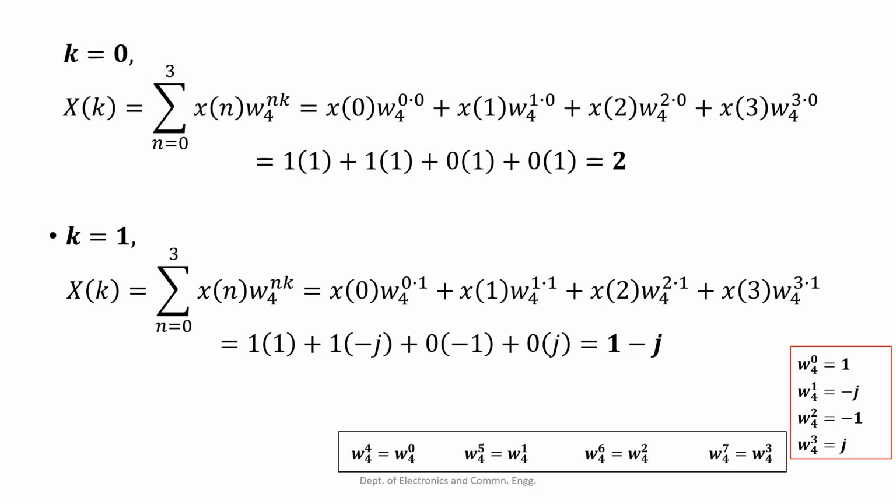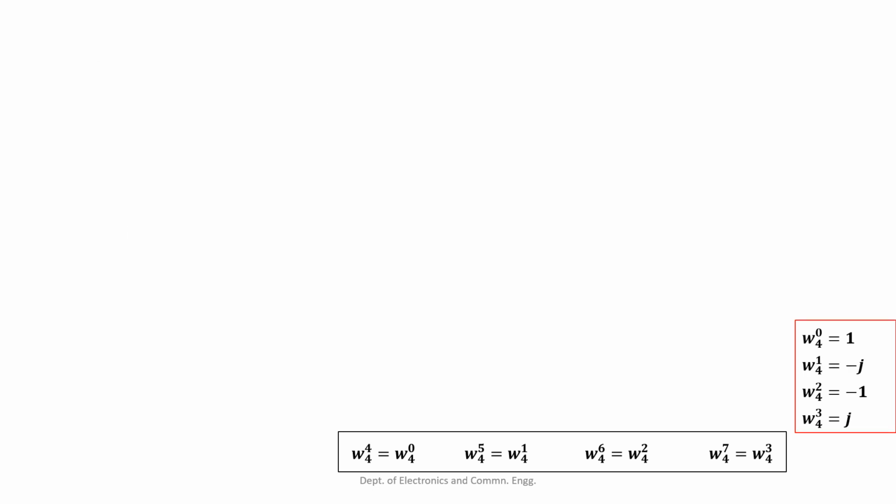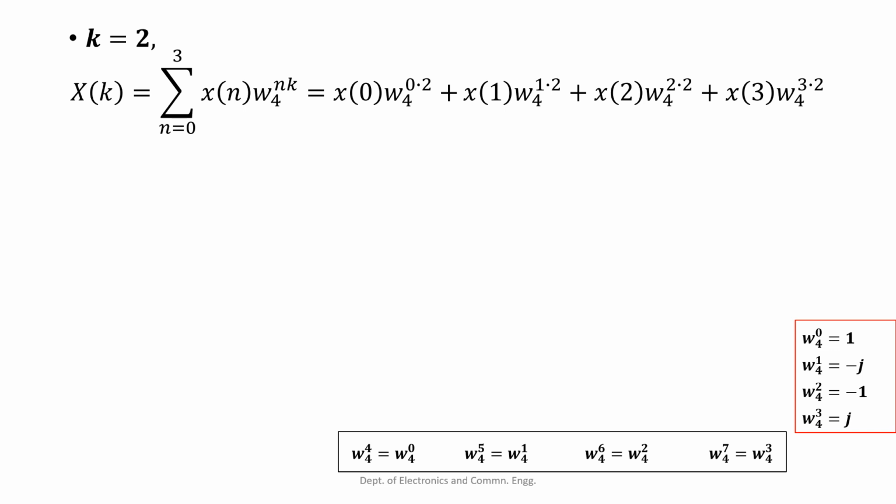Let us continue this with respect to k is equal to 2 as well as k is equal to 3. With respect to k is equal to 2, similar solution we have done. But one thing you have to observe over here, that is with respect to the twiddle factor. Since k is equal to 2, and sequence number n takes 0, 1, 2 as well as 3.